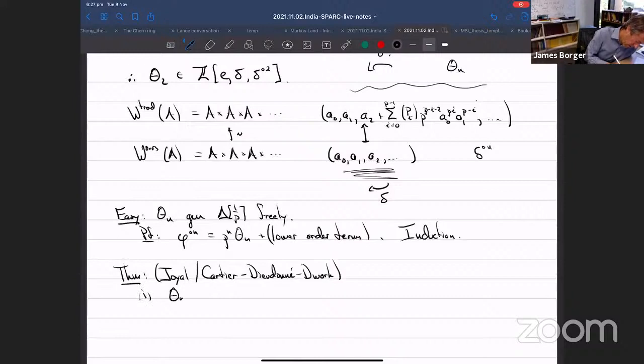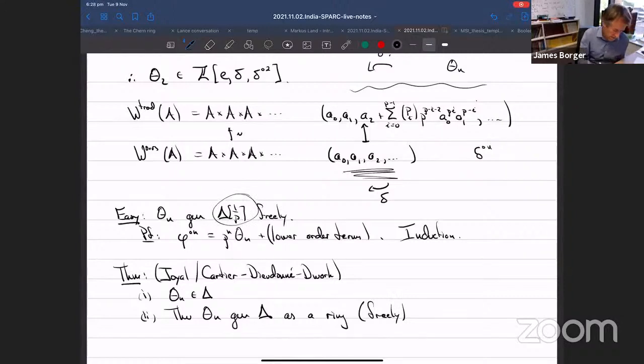So one is that all the theta n's are actually integral. They don't have denominators. If you write them as polynomials in the deltas, they have integral coefficients. And secondly, the theta n, in fact, generate delta as a ring freely. I mean, they're free generators.